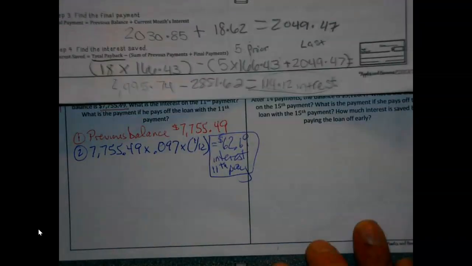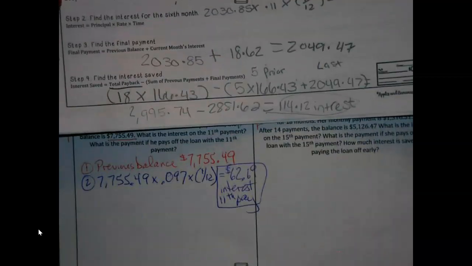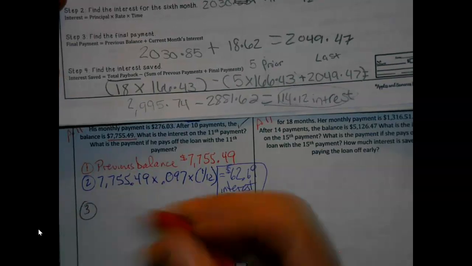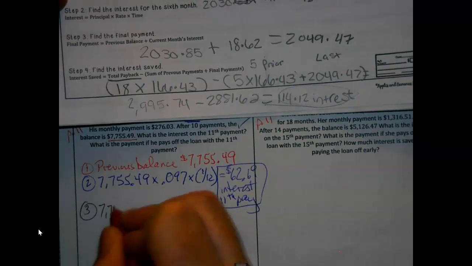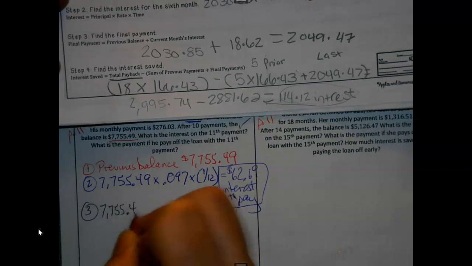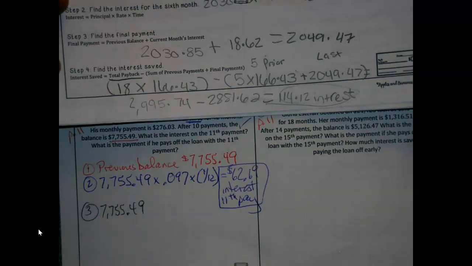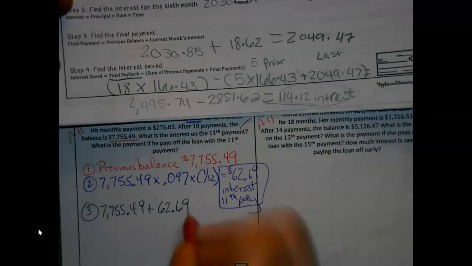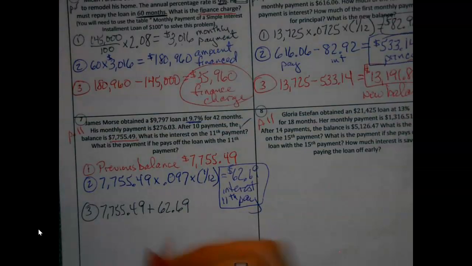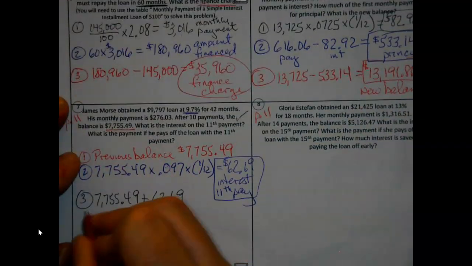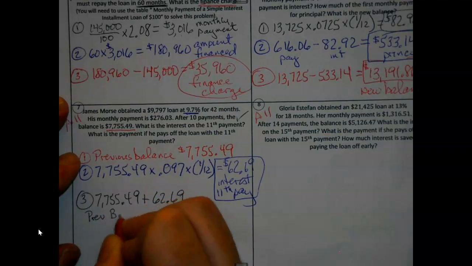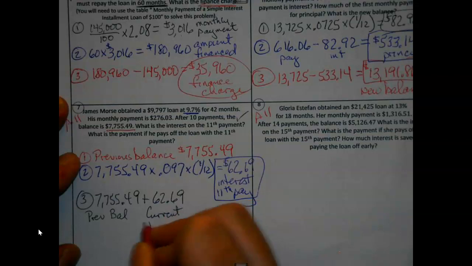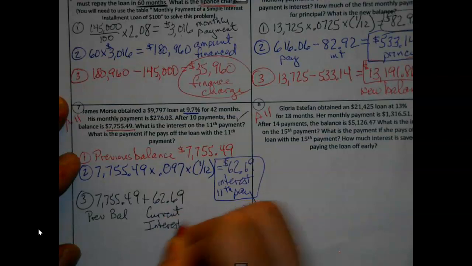Okay. Find the final payment. So you're going to take what you started with this month, and again, I'm still messing with page 11 here. So your previous balance plus the current month's interest, okay? Previous balance and the current interest.